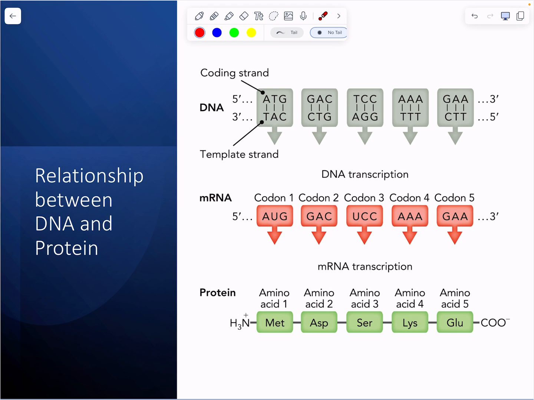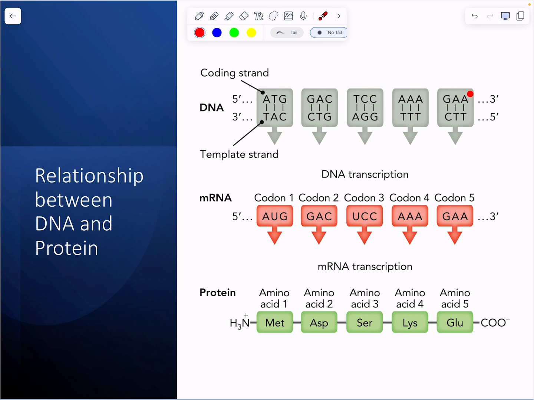We've got these base pairing rules, and information is stored on the DNA in one of the strands, which we call the coding strand. The template strand is the one that we make an RNA copy of, and in sequence, that copy matches the coding strand.